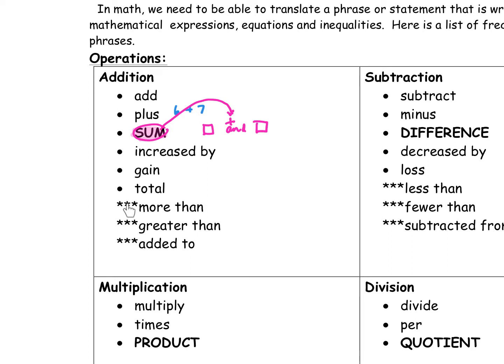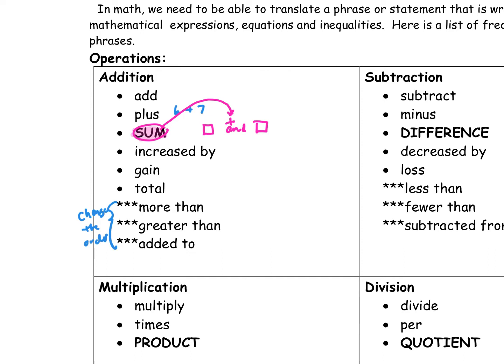There are a couple other phrases that are highlighted or starred: more than, greater than, and added to. All of these words also switch the order, so they change the order that we write the phrase in. For instance, 5 added to 10.